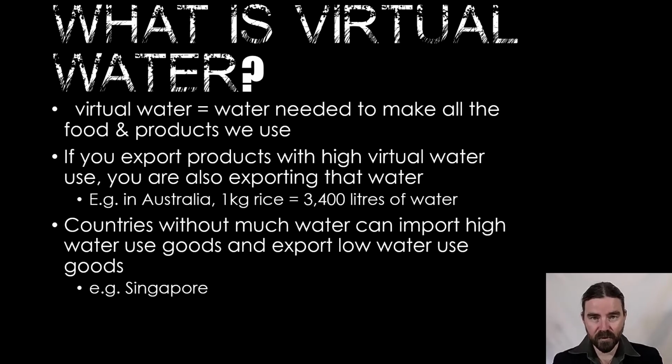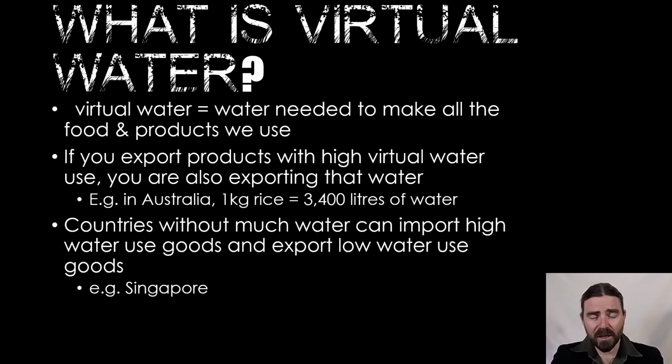That's used to feed people who live in Singapore, and there's lots of industry in Singapore, and Singaporeans might export products that they make that doesn't use anywhere near as much water. And so through importing food and exporting manufactured goods, they end up essentially importing lots of water. And so that's why a tiny country like Singapore, that you think, oh, it doesn't have enough water to support its population, it does, because it imports it in the form of food.